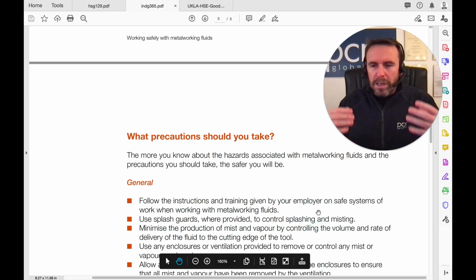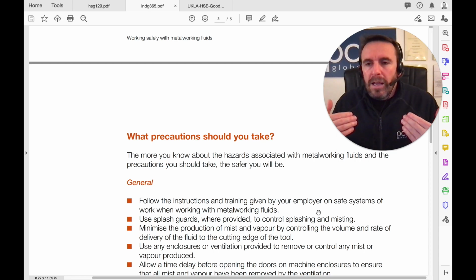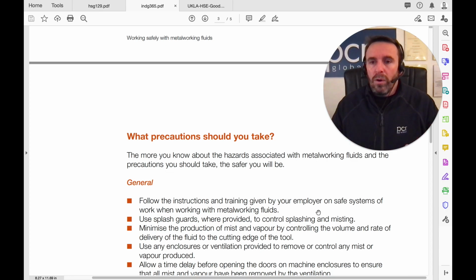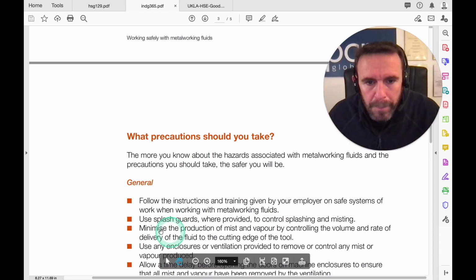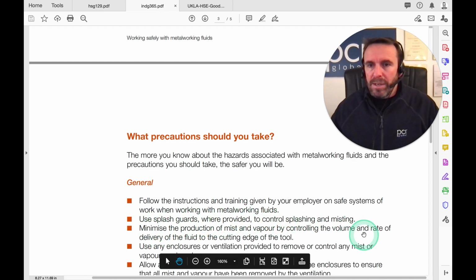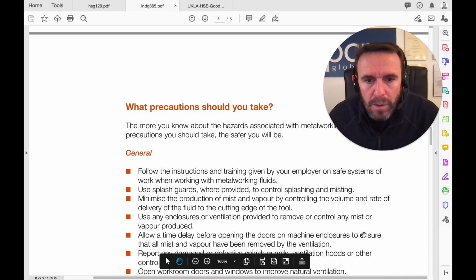So this is going to be prevention of coming into contact, prevention of breathing in. If I'm responsible for the changing of fluids with the machine, it's going to be on the safe handling and use of metalworking fluids. Using splash guards where provided to control splashing and misting. Again, we don't want to put the MWF in the air.